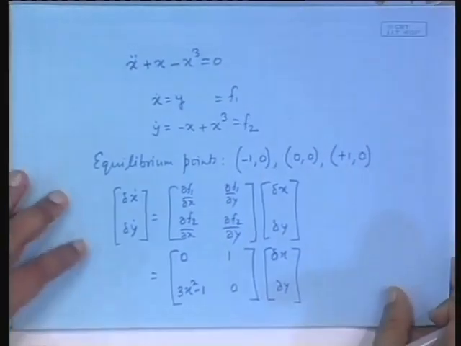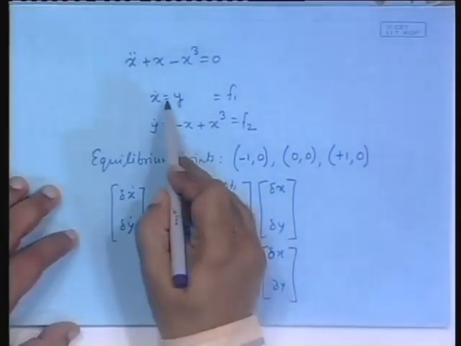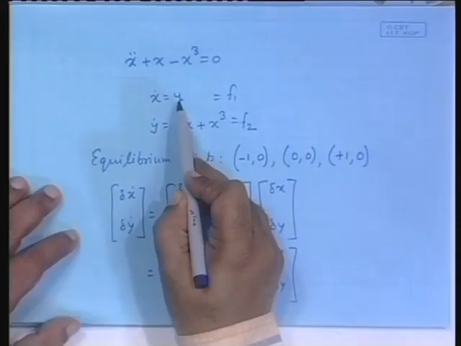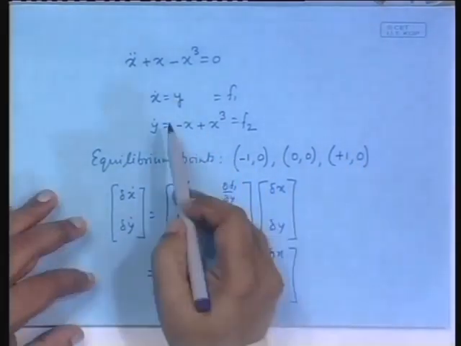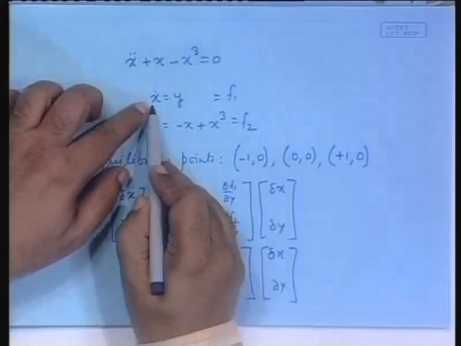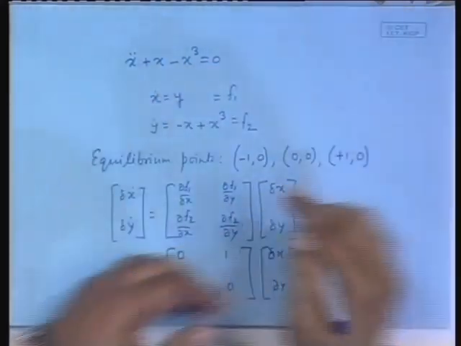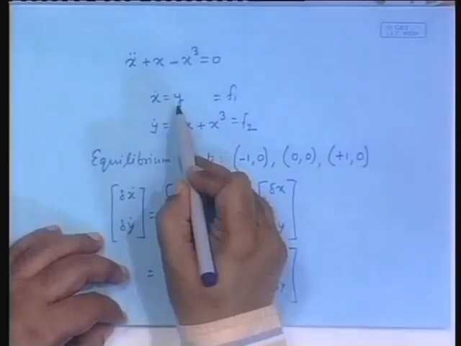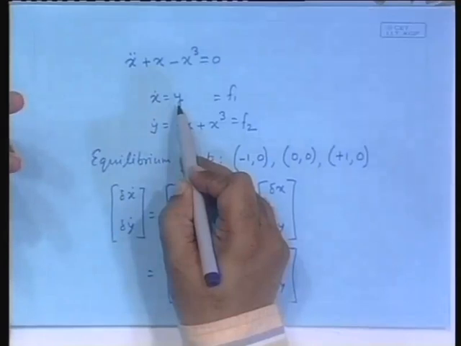Yeah, because F1 is just y. No, y is not the opposite way. Here it is x dot on the left hand side, and you are asking what function of x and y. That function is not a function of x, it happens to be just a function of y.